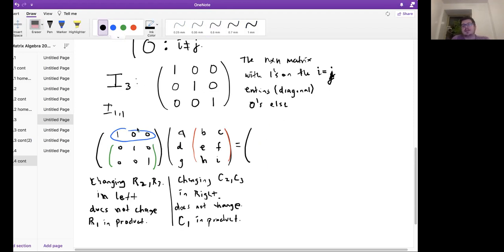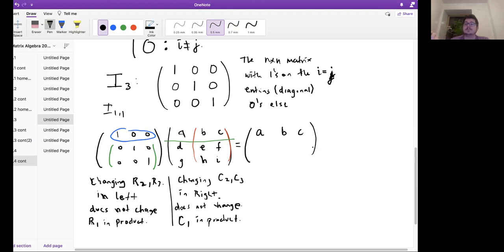The idea here is that since we have 1, 0, 0 as our first row, in our result none of the terms under the first row play a role, because those will always output 0. So our first row is automatically A, B, C.